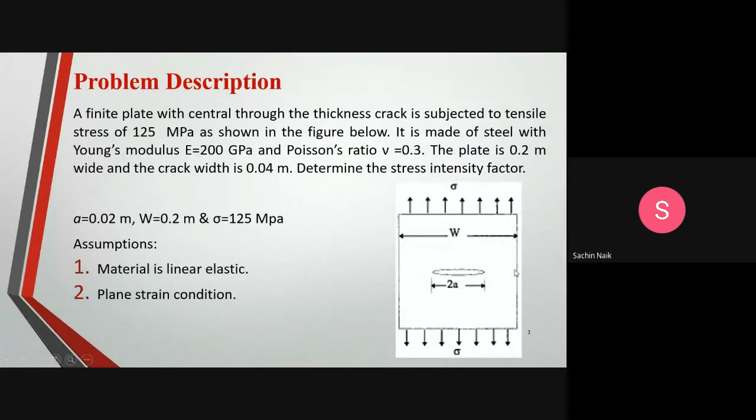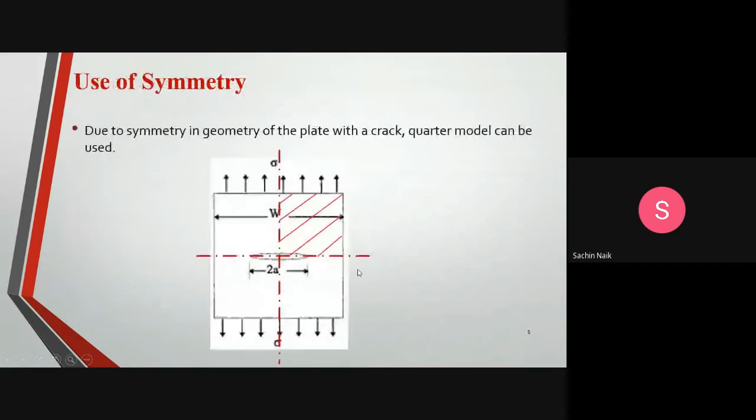Let us say the right hand side top quarter part of this we are going to model in our finite element analysis, which I have shaded in this particular figure. So only a quarter of the geometry will be modeled, and that can be regarded as the quarter model.